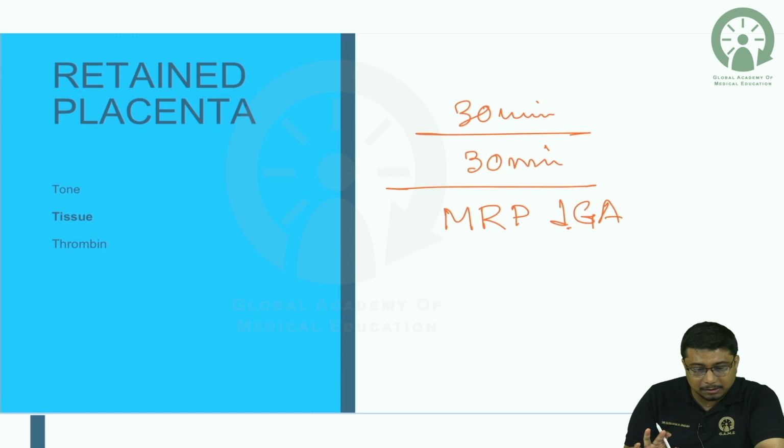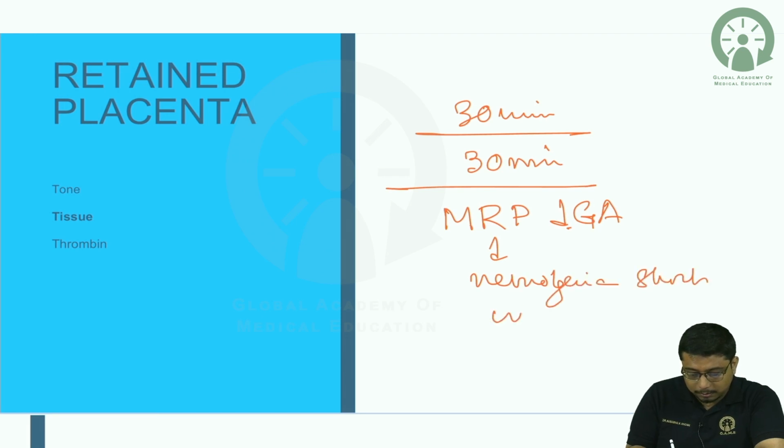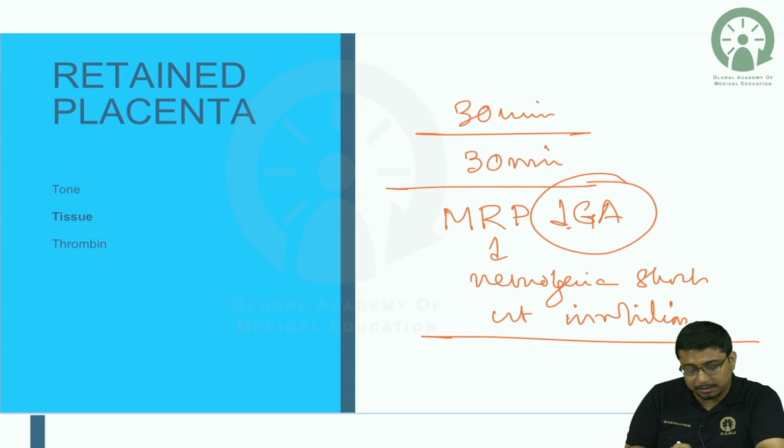Whatever you have seen in your institute or during your internship, do not write that it can be done in labor room without anesthesia, because if we do that, it can cause neurogenic shock, uterine inversion, and immediate death. So it always has to be done under GA, and if that fails, then peripartum hysterectomy will be needed.